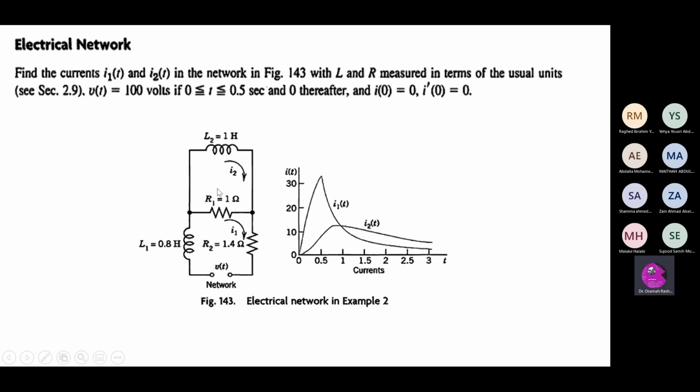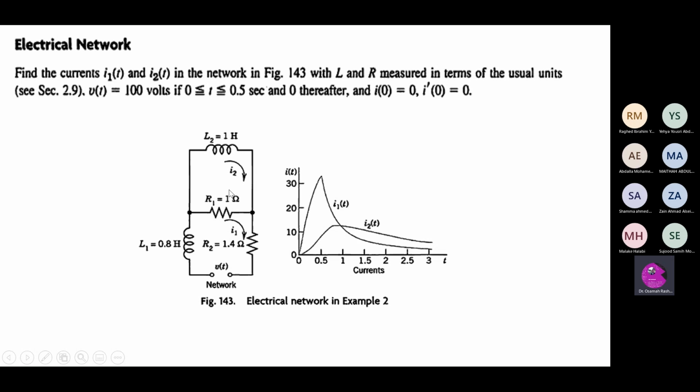This resistance is involved in the first loop and also in the second loop. When it is involved in the I2 loop, it has a current I2 minus I1, but when it is involved in the loop of I1, it has the current I1 minus I2. This is the main point here.